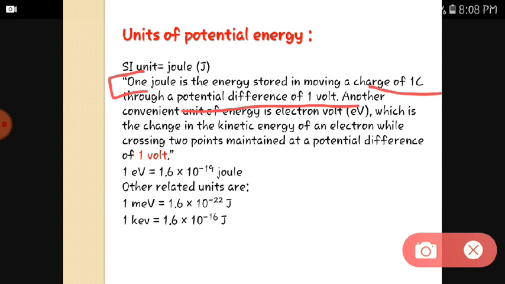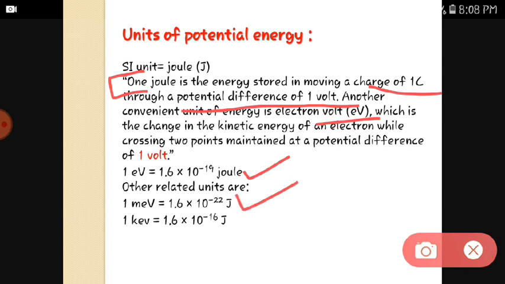Another convenient unit of potential difference is electron volts. So as we have to know the relation between electron volt and joule, here is the relation. 1 electron volt is 1.6 into 10 raised to minus 19 joule.